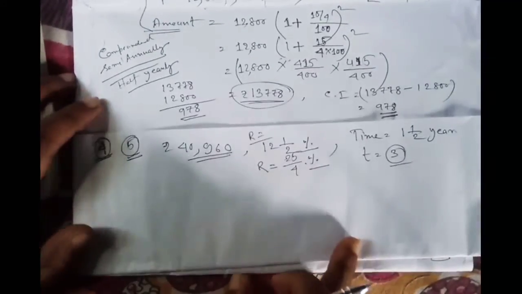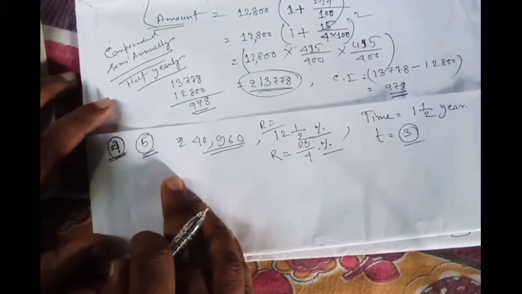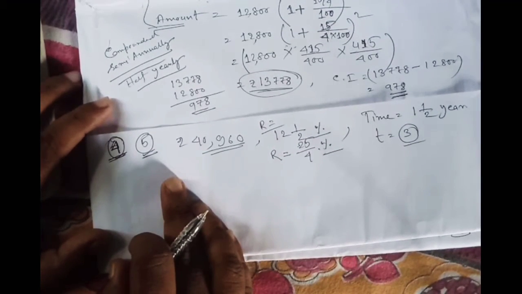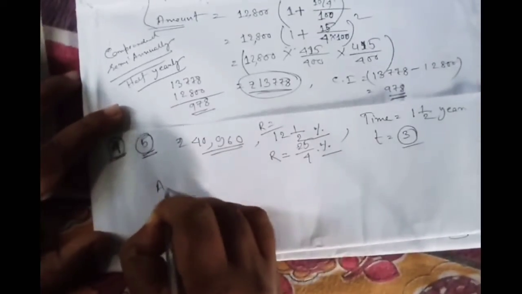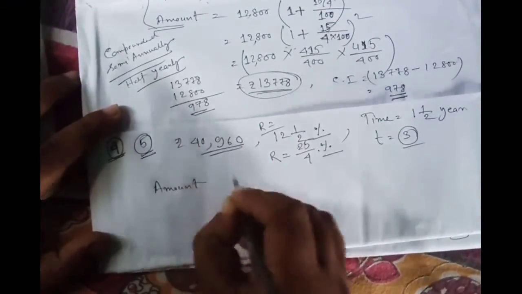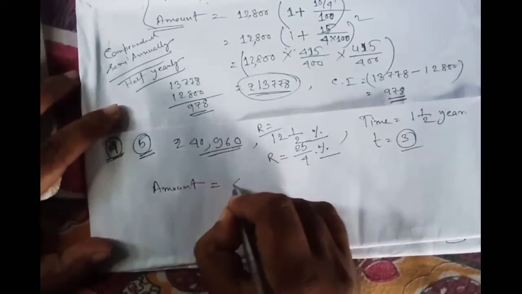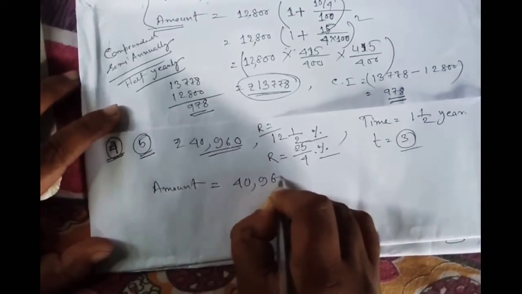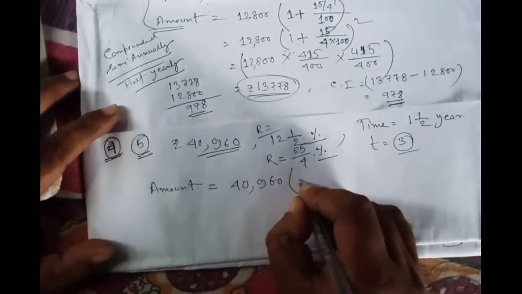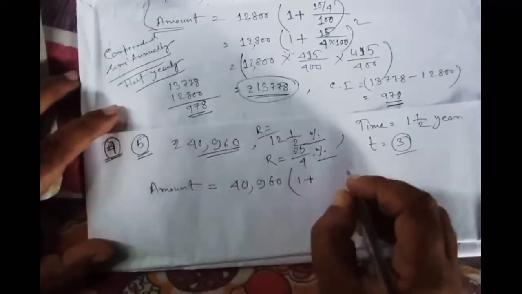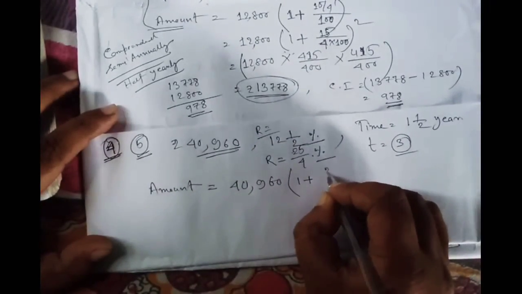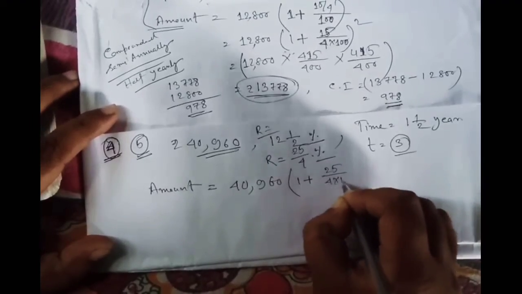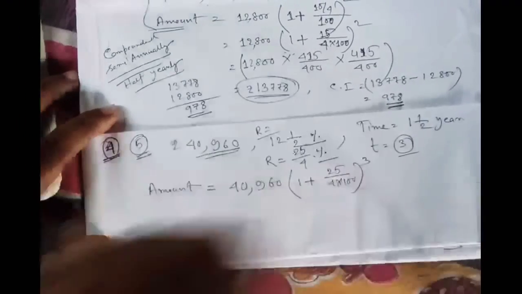25/4%. So the amount should be 40,960 into 1 plus this, that means 25/4 into 100 whole to the power 3.